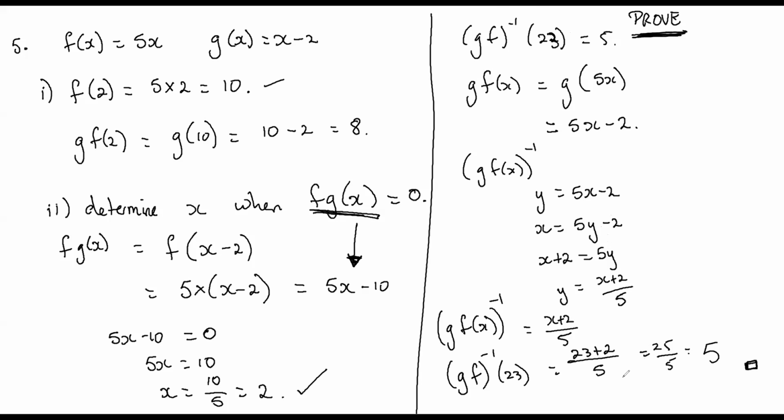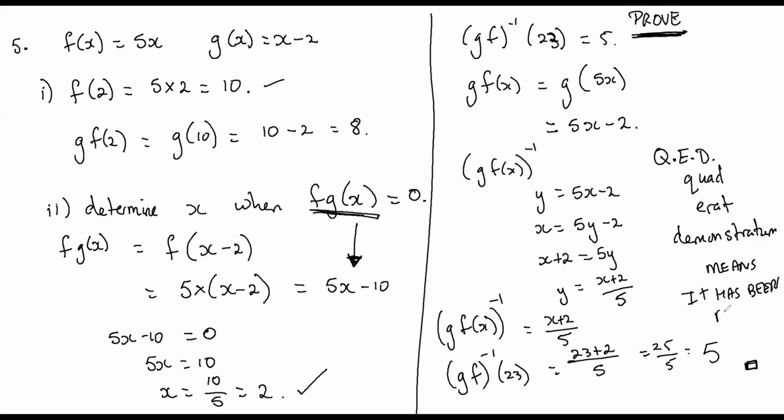It is a symbol that we use to represent the acronym QED, which is, I'm probably going to butcher this spelling, quod erat demonstratum. All this means is that it has been proven.